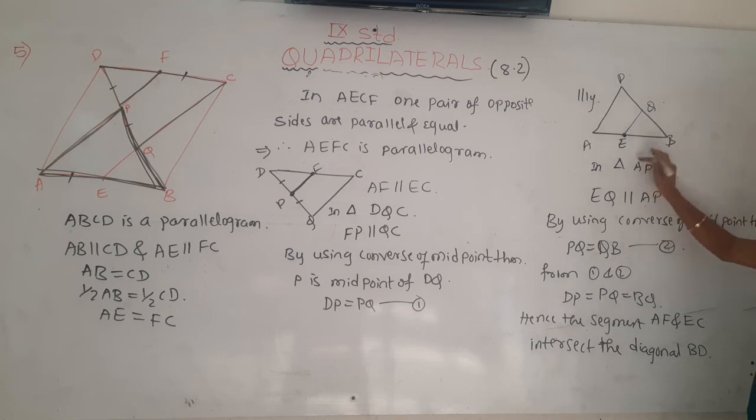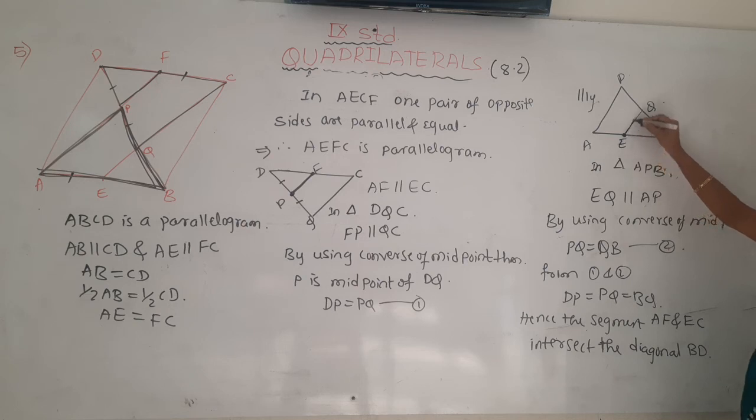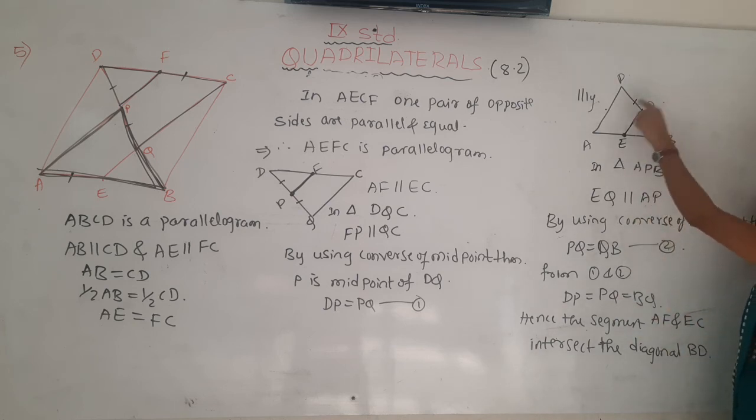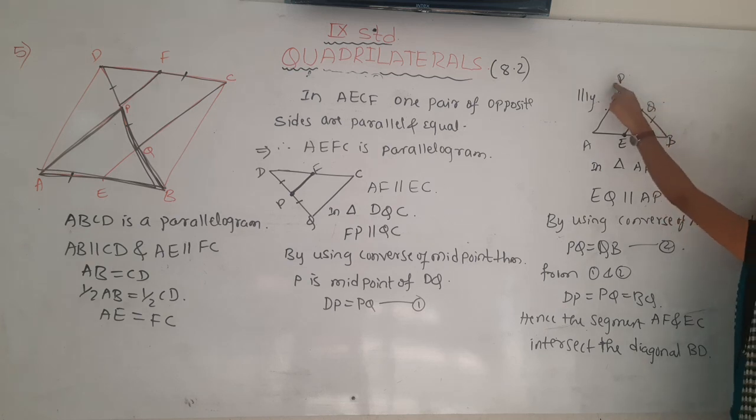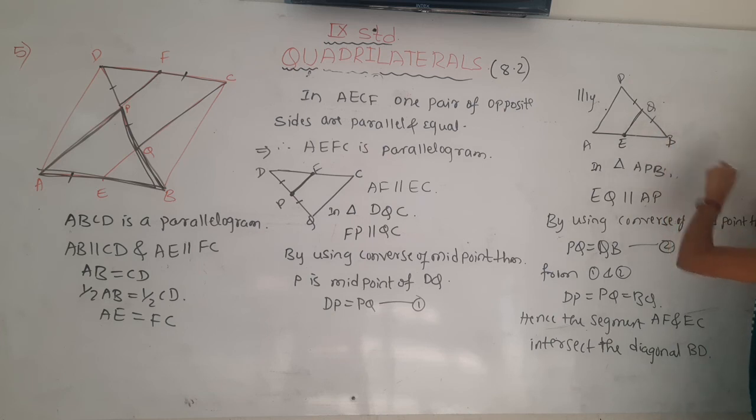The line which is drawn from E, midpoint of AB, to its next side, is parallel to the second side and bisects the third side. So automatically your EQ is parallel to PA and your DP, PQ is equal to QB.